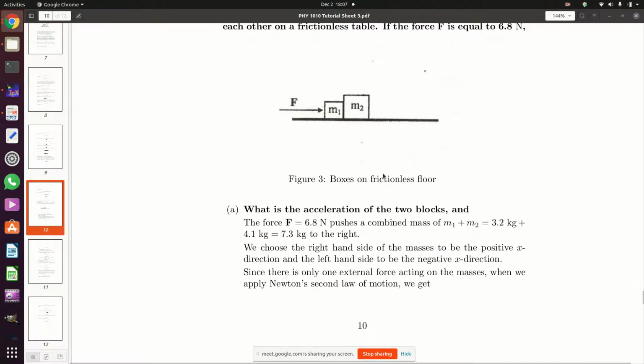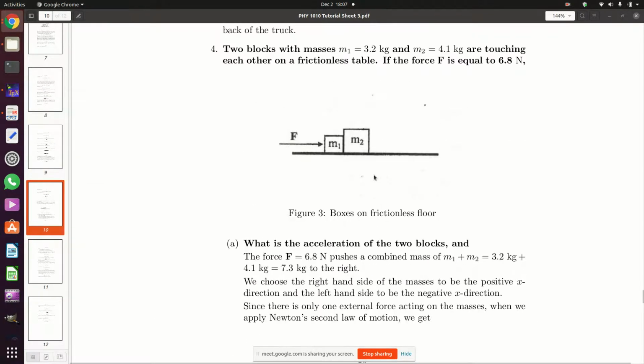So it is very important to be aware that in this case, things are much easier in that we are dealing with a frictionless table. Now, in reality, this kind of a table does not exist because friction is always present, even in a very, very small amount.